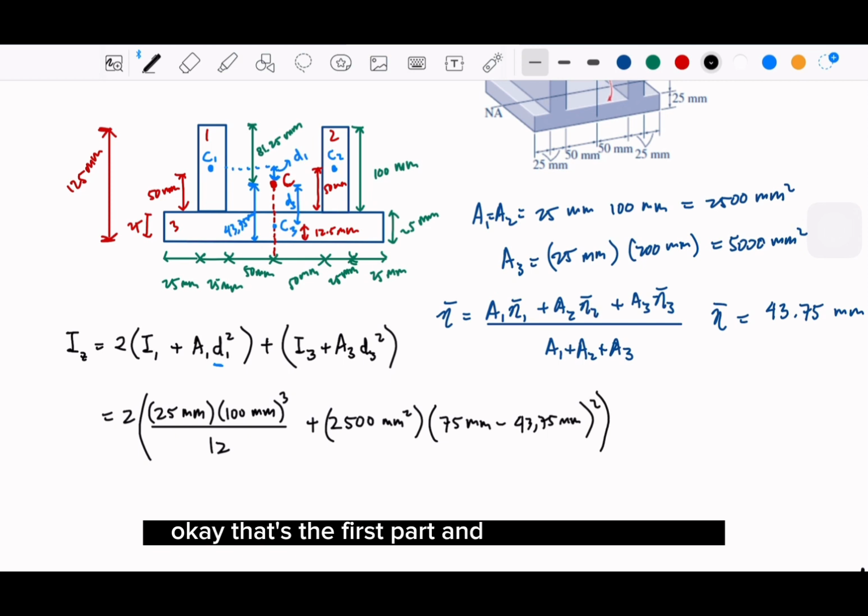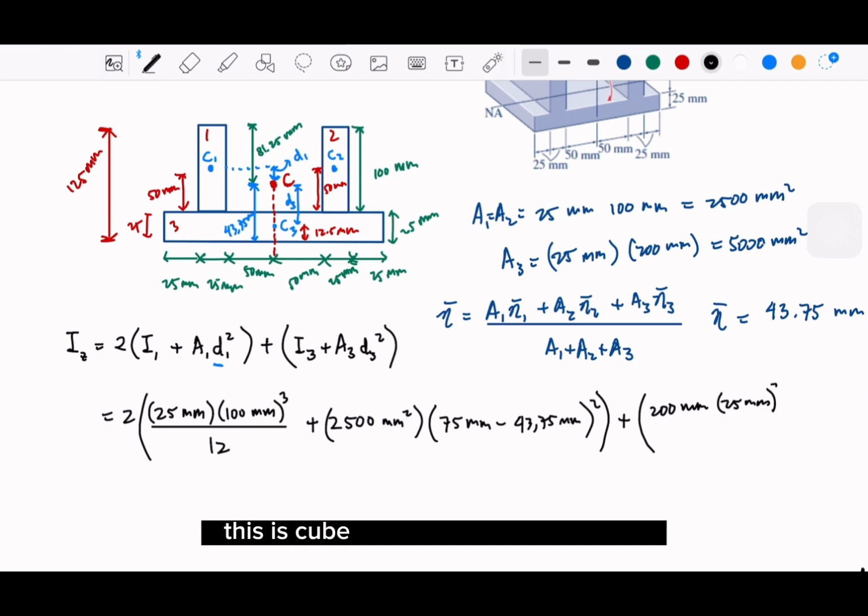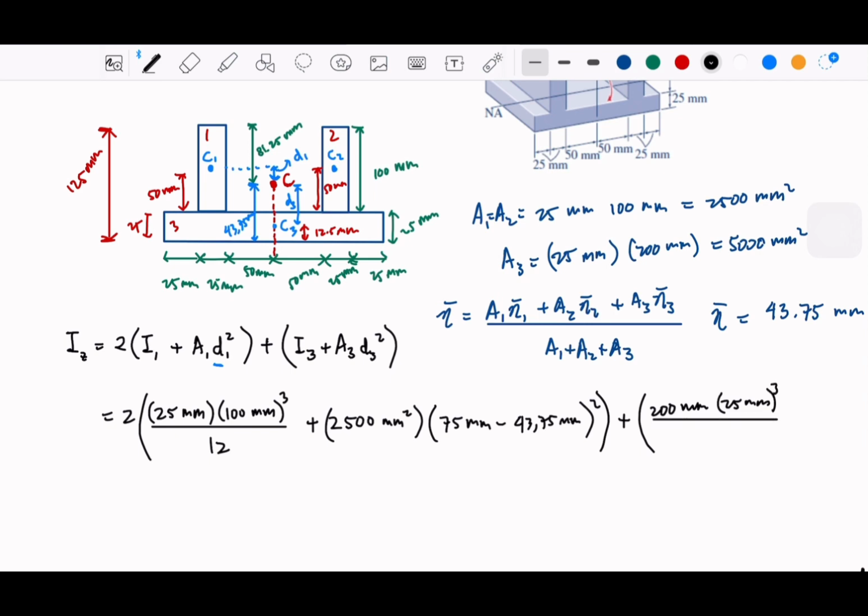That's the first part, and then plus inertia 3. 3 is 200 millimeter, multiply the height is 12.5, sorry, 25, this is cubed, and then divide by 12.